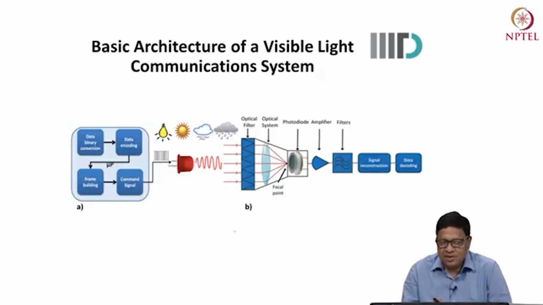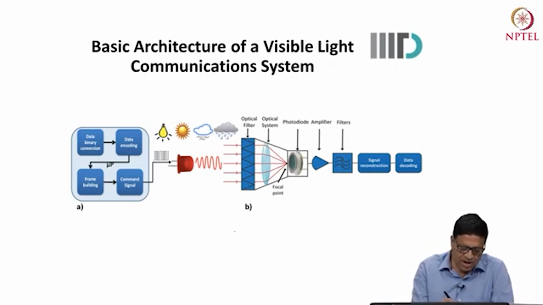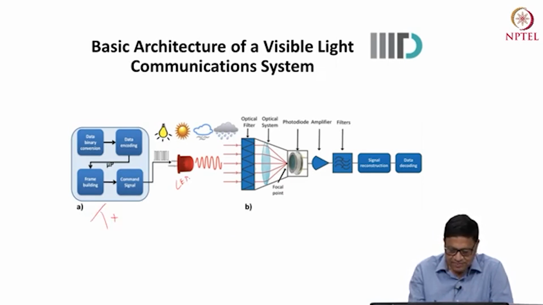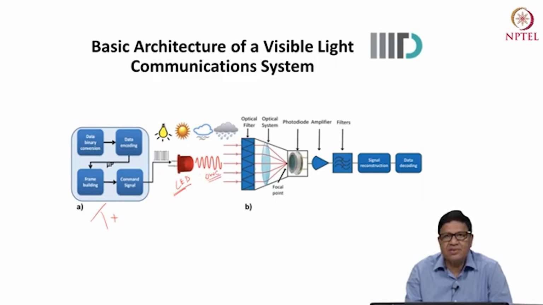The basic structure of a visible light communication system is the same as we have studied in the earlier lectures. You have a transmitter here which uses an LED, and this is optical wireless communication.